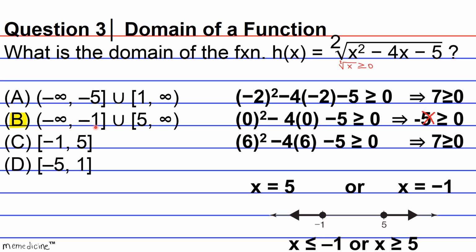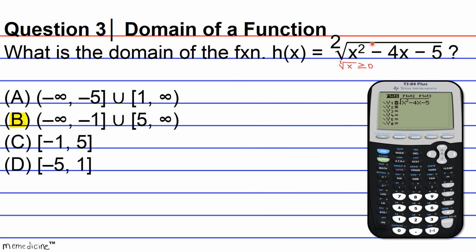And the original function could have also been plugged into our graphing calculator and graphed so that we could determine the correct interval. So in your y equals equation editor, we simply input the square root of x squared minus 4x minus 5.